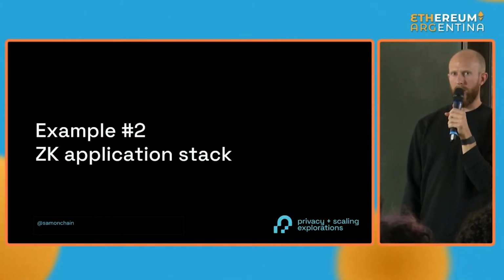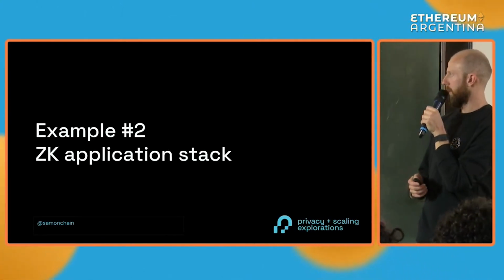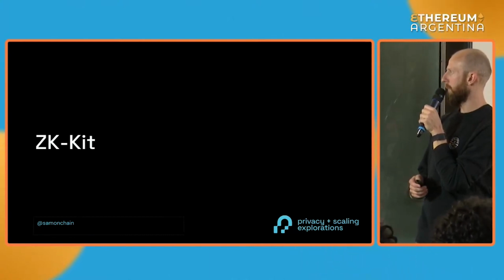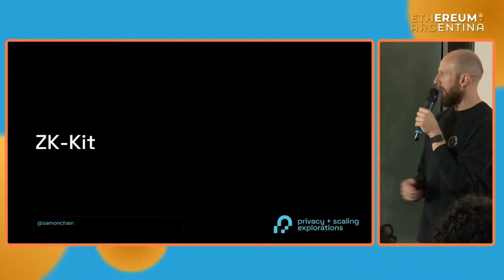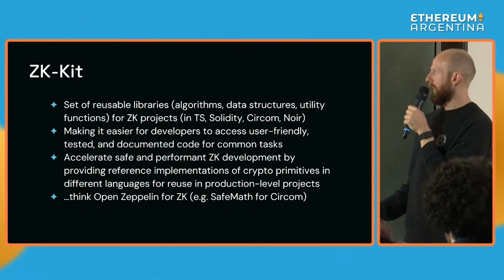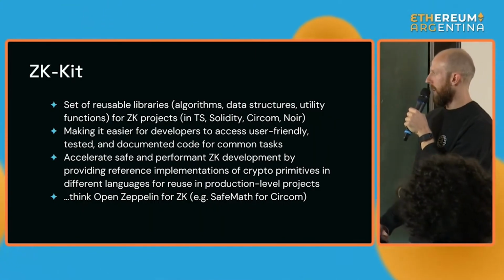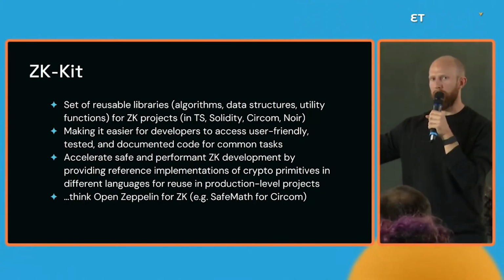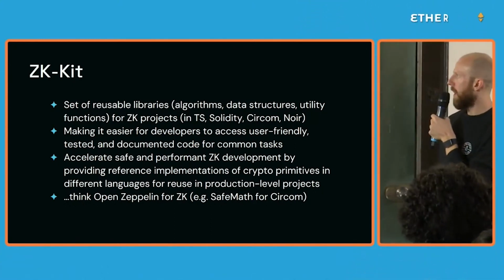Cool. Walking through one more example, a bit more high level this time. ZK Kit, a project that's been gaining adoption, I like to think of as Open Zeppelin for ZK.